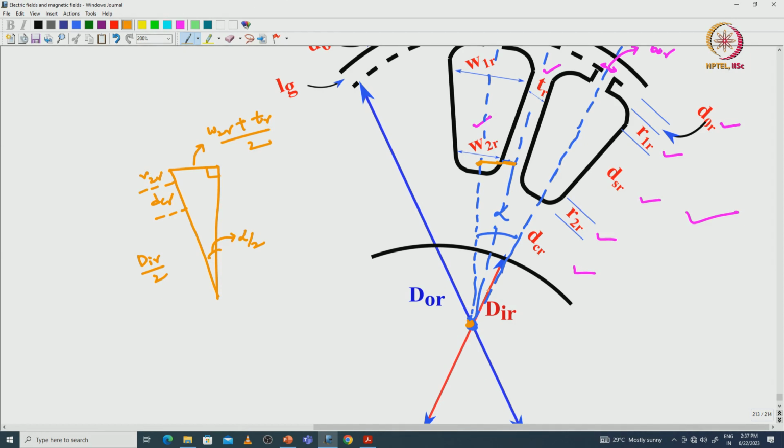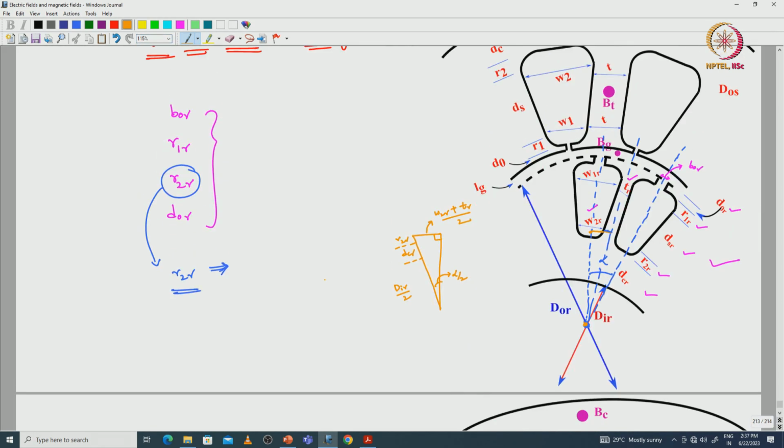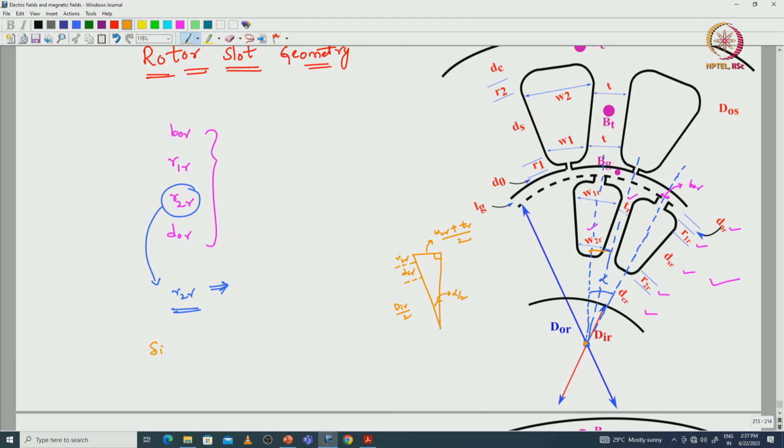If I write the sine of the angle with respect to this right angle triangle, sine of alpha by 2 is equal to W2R, the width of the rotor slot at the bottom side, plus teeth width TR by 2, opposite by diagonal. The diagonal is DIR by 2, the inner diameter of the rotor by 2, plus the back iron width of the rotor plus R2R.